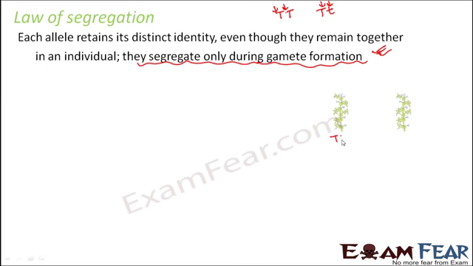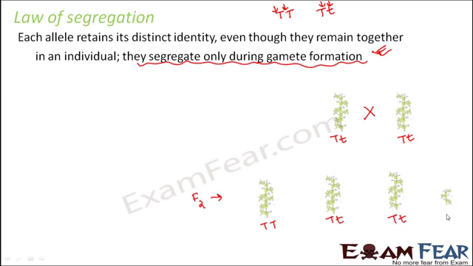Now the F1 plants, which were capital T small t, were crossed together, and it was found that the plants produced in the F2 generation were mostly tall, but around 25% of them were dwarf. That is what was observed. So how did he explain this?